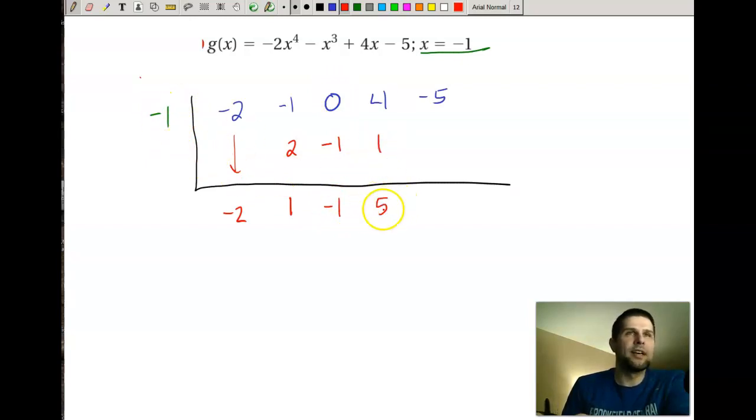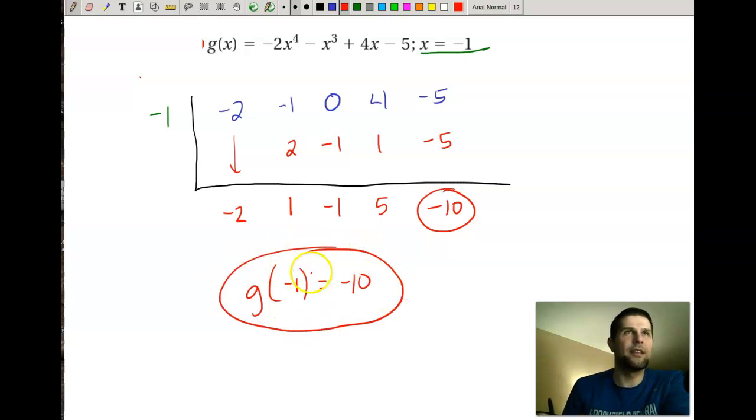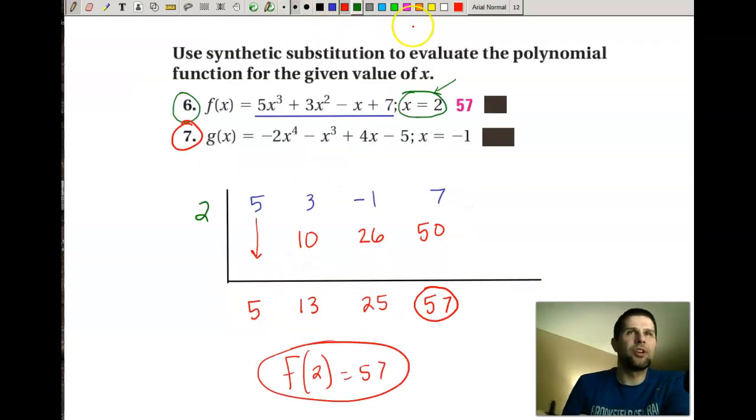And then -1 times 5 is -5, and I'm going to add to get -10. The last number that we get should be our answer to the problem. So g of -1 is equal to -10 is what you should have got. And if I go check our answer over here, you can see that the answer was -10.